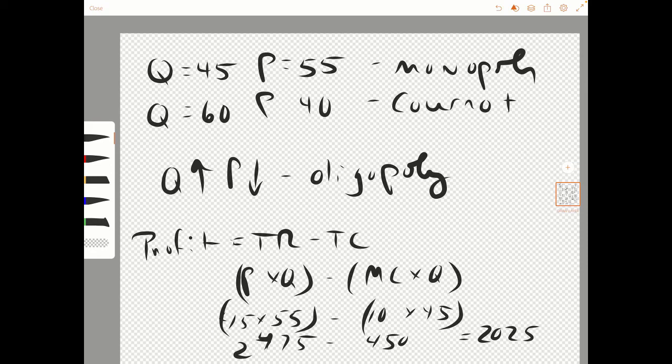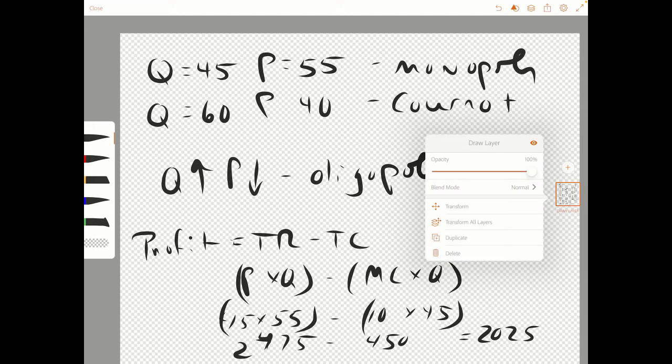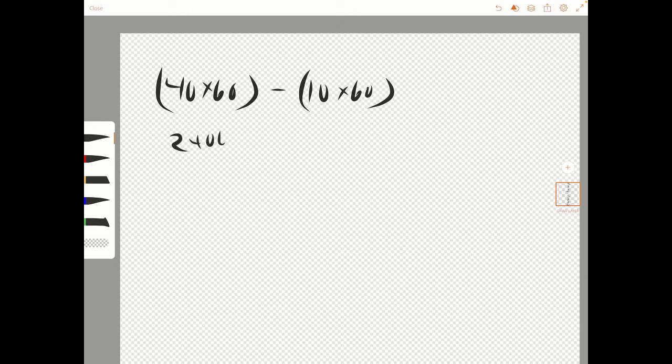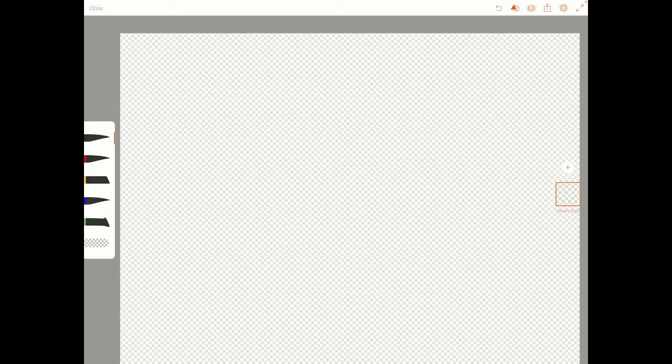Compare that to the Cournot outcome, where we have 40 times 60 minus 10 times 60. So we have 2,400 minus 600, which gives the Cournot profit of 1,800. So we see that profits are lower in the oligopoly model as well.